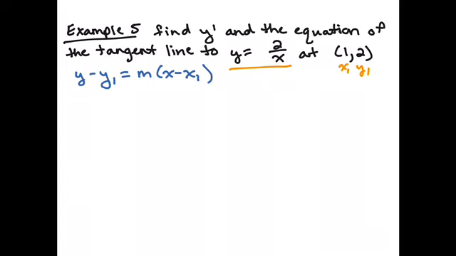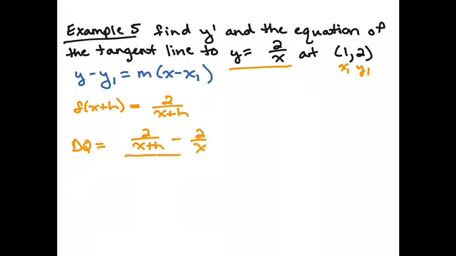So the f of x plus h is pretty easy. It's just 2 over x plus h. Then my difference quotient is 2 over x plus h minus 2 over x all over h.